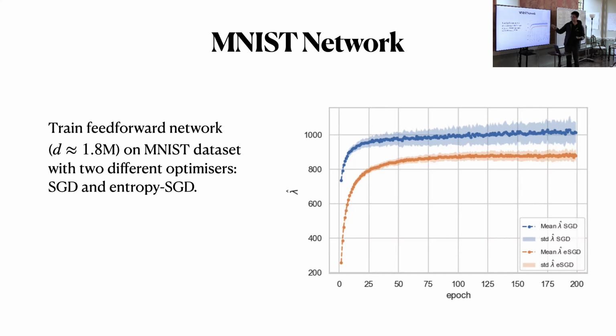We are comparing 2 different training algorithms. One is vanilla SGD, with details of the settings in the paper. The other one is entropy SGD, an optimizer designed specifically to minimize the free energy, not just the loss.